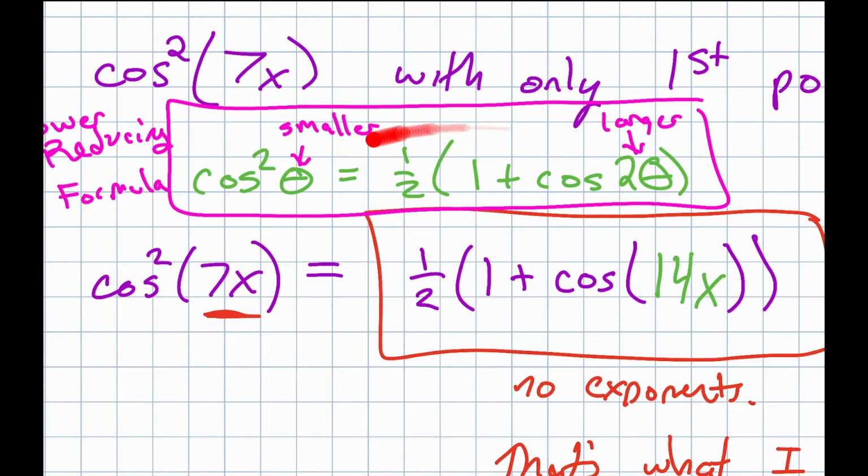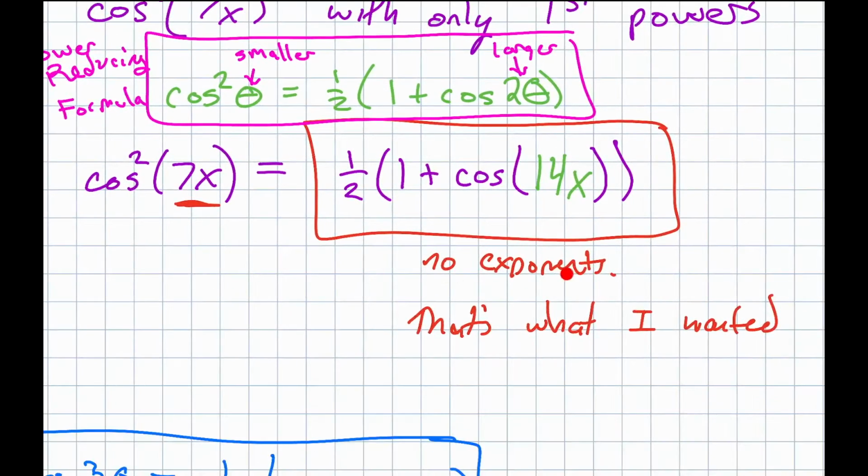So the relationship is they differ by a factor of 2, but this one's larger, this one's smaller. Small, large. That's what we were supposed to do here, because the left-hand side had a second power, and on the right-hand side there are no second powers. Everything is first power, and that was what the problem wanted: no exponent.